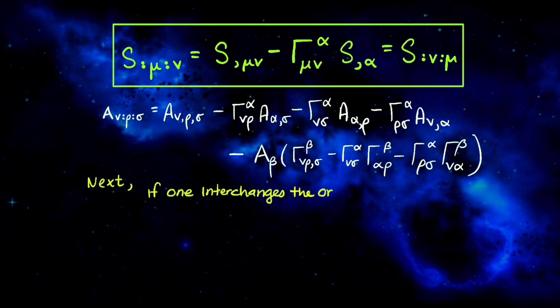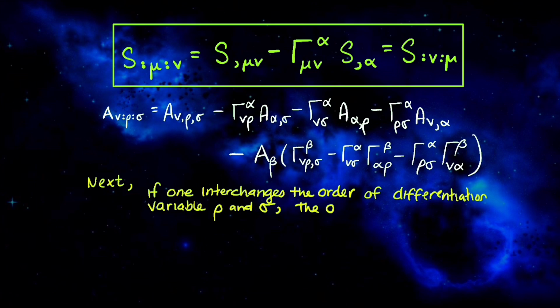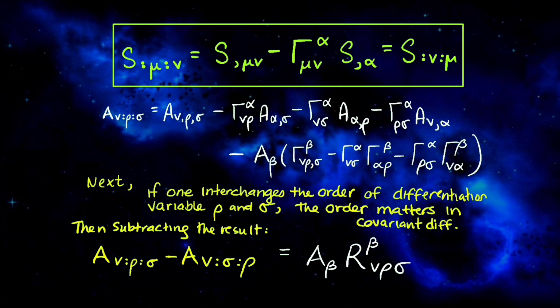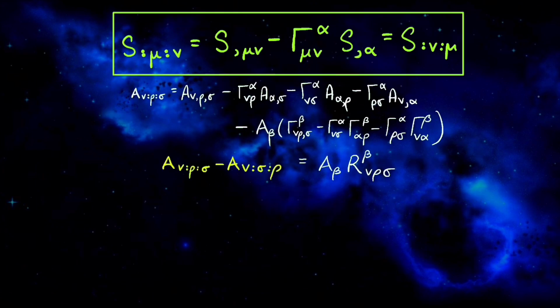The process from here happens when we interchange the order of the differentiation variable indices rho and sigma. You see, in covariant differentiation, the order of differentiation can matter. So by switching the order and then subtracting the results of these two differentiations, our result is something that we can extract called the curvature tensor.